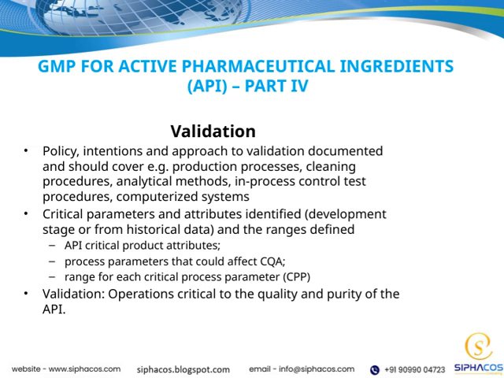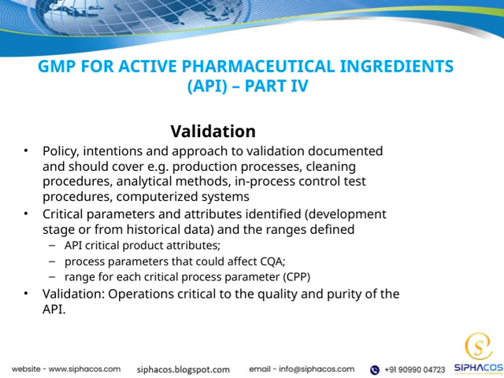These are the qualities that directly impact the safety, efficacy, and quality of the API. We also need to consider process parameters that could influence the critical quality attributes, or CQAs. For each of these critical process parameters, or CPPs, we define a specific range. This helps us control the process tightly and ensure consistent quality.